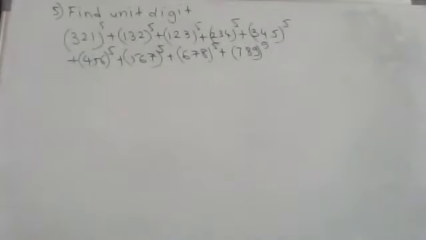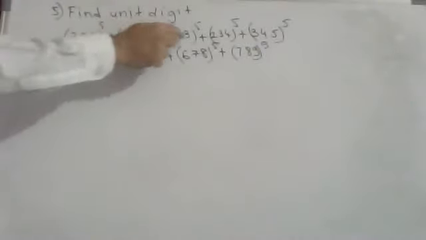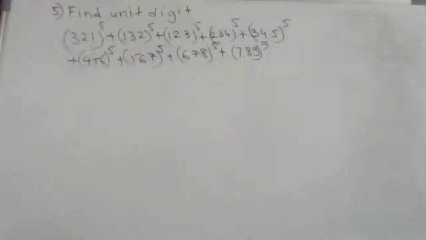Okay. 321 raised to 5, 132 raised to 5, then the unit digits 1, 2, 3, 4, 5, 6, 7, 8, 9. Take your own time. It takes a lot of time.